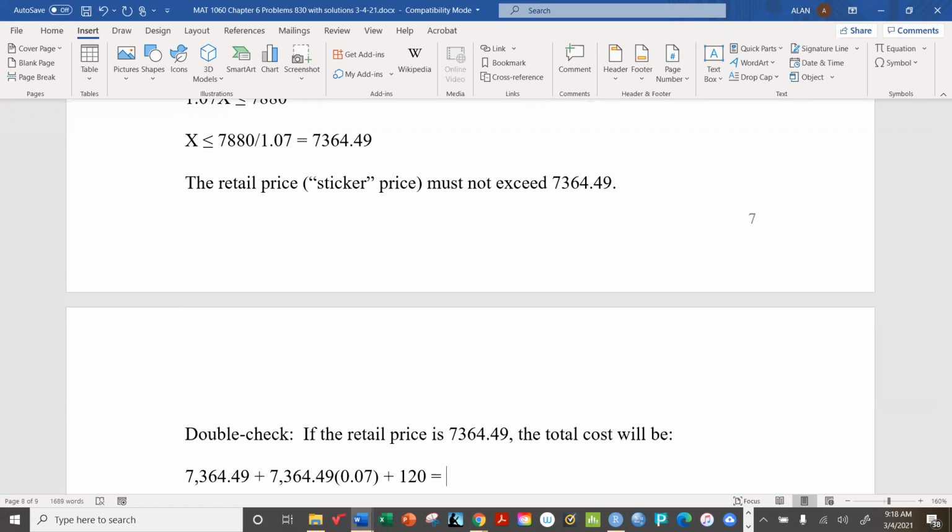Okay, so the sales tax, $7,364.49 times 7% is 515.51. 515.51 plus 120. Let's add those up.